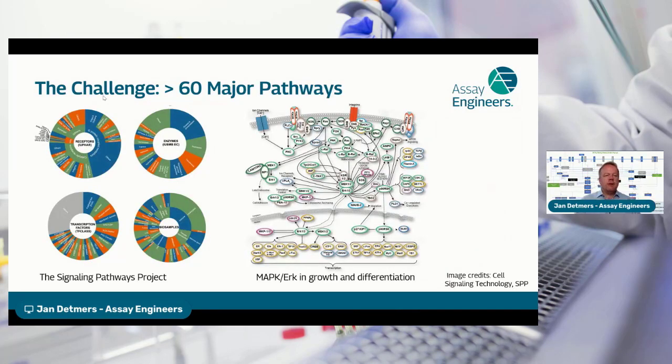Now, when we talk about cell signaling, and this is what I want to focus on today, there's a vast number of cell signaling pathways. To date, approximately 1,000 cell signaling pathways have been described, and the number increases by 10 to 15 every year. When we look at cell signaling a bit more specifically, you will see there are about 60 major pathways.